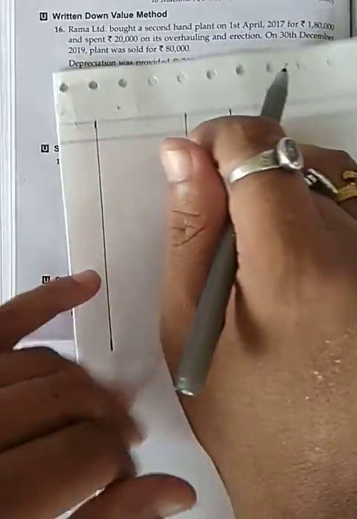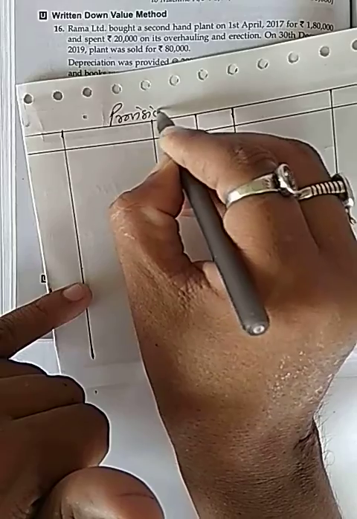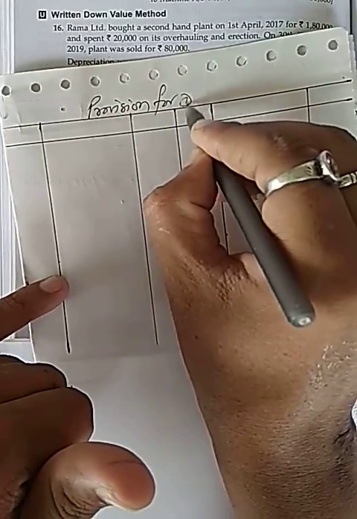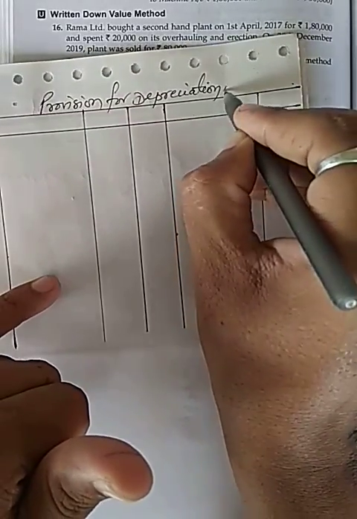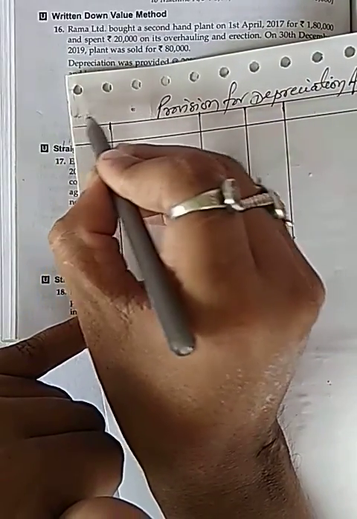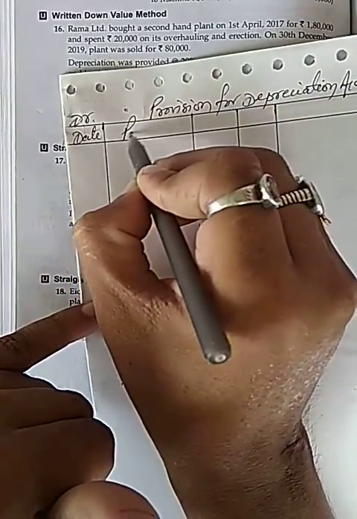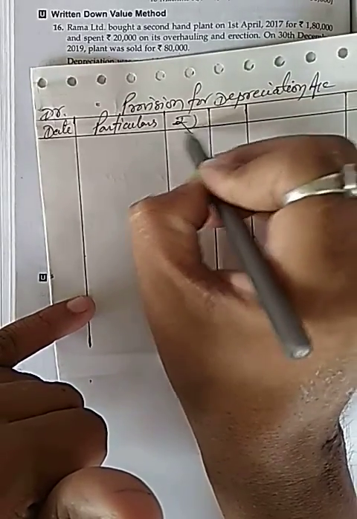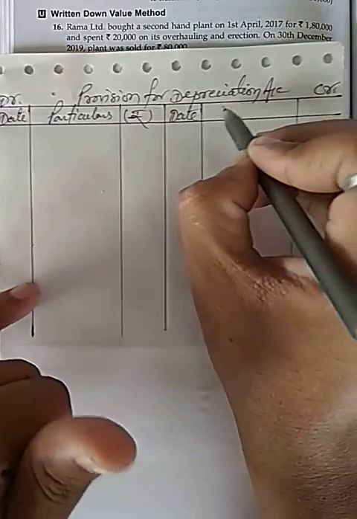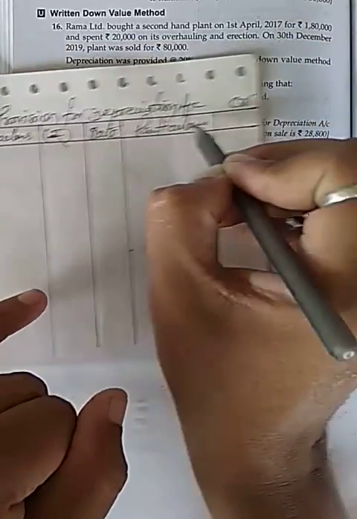And this is the provision for depreciation account. CR side, DR side, date, particulars, rupees, date, particulars, rupees.